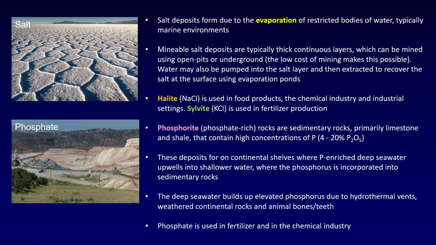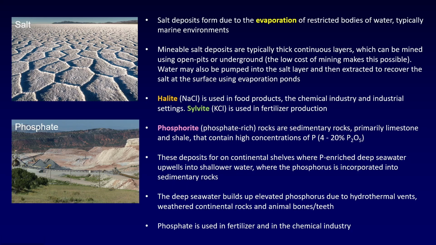And so because this deep ocean water is coming up, it's bringing phosphate with it, and when that phosphate-rich water enters onto the shallower continental shelf, it essentially allows the phosphate to become incorporated into the sediments which are being deposited onto that continental shelf environment.